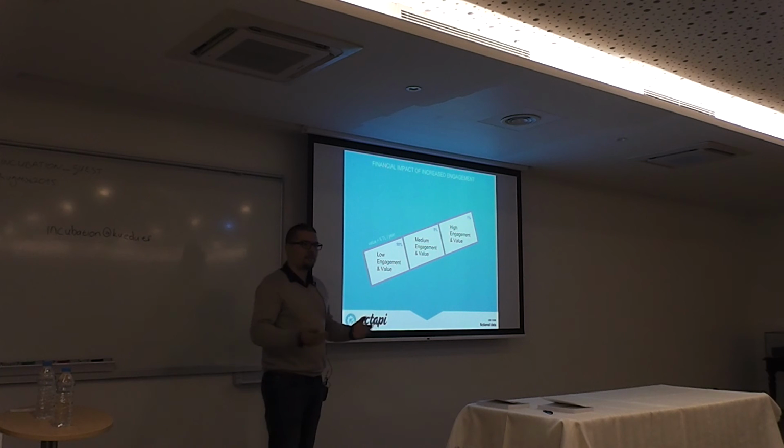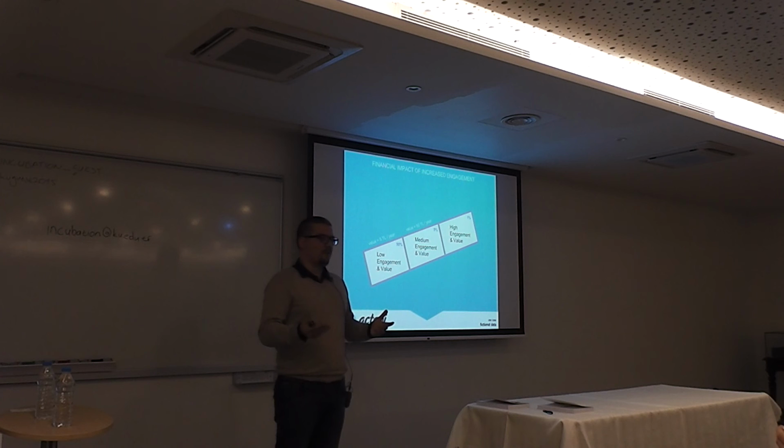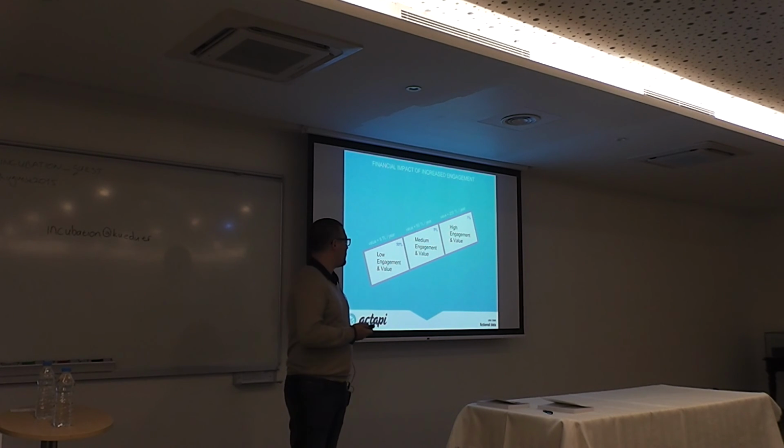They look at your website, they see the banners, and over a year you earn 5 lira from them. Then there's a medium engaged group. Through them, because they come more often, you earn 50 lira. And then the high engaged group, through them, you earn 200 lira.